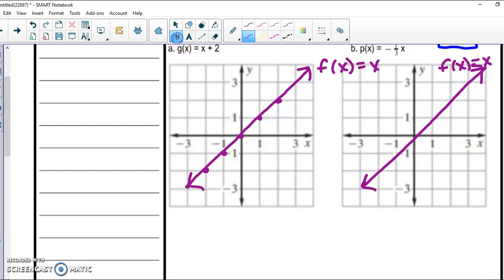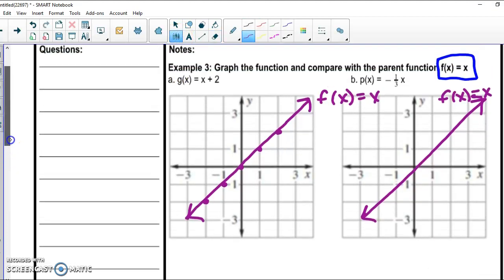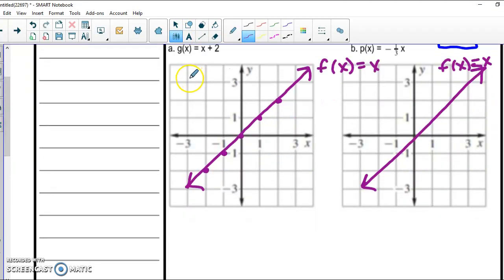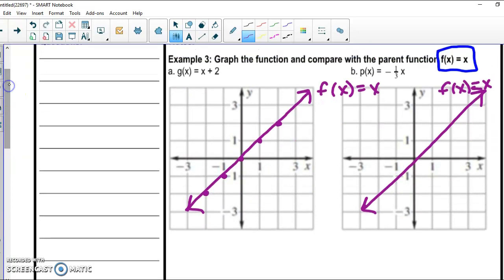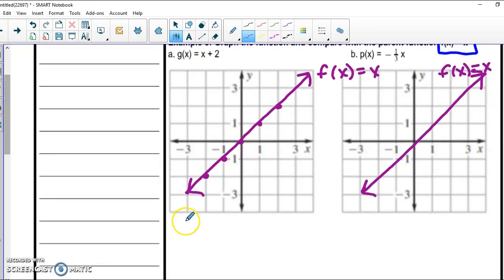So let's scroll back up just a tad. On part A over here, I'm going to graph g of x equals x plus 2. So I again am going to make my table. X and g of x are my two columns in my table.